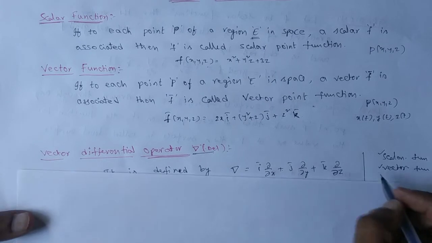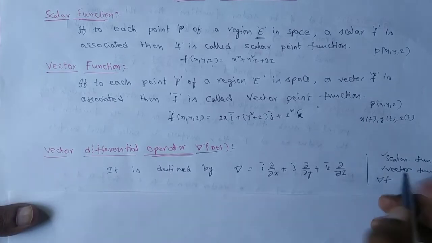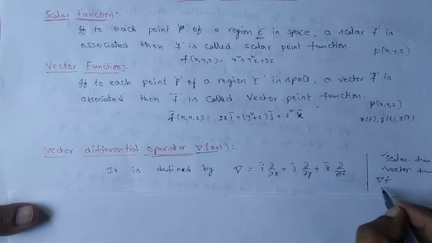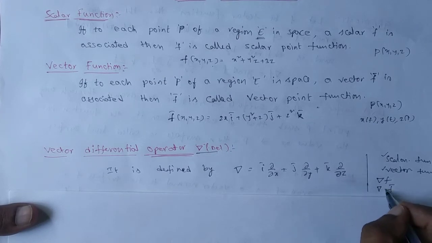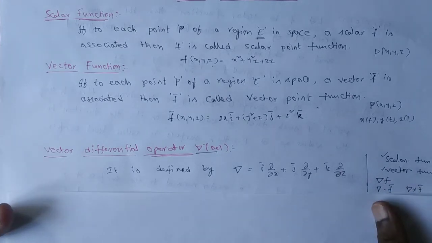I may operate this del operator onto the scalar function f, that is del f. Otherwise you may apply this vector differential operator onto the vector function f bar. There are two ways: one is del dot f bar, and del cross f bar is the other one. In that way you can operate it, and these three are very important. I can define one after one how they are.